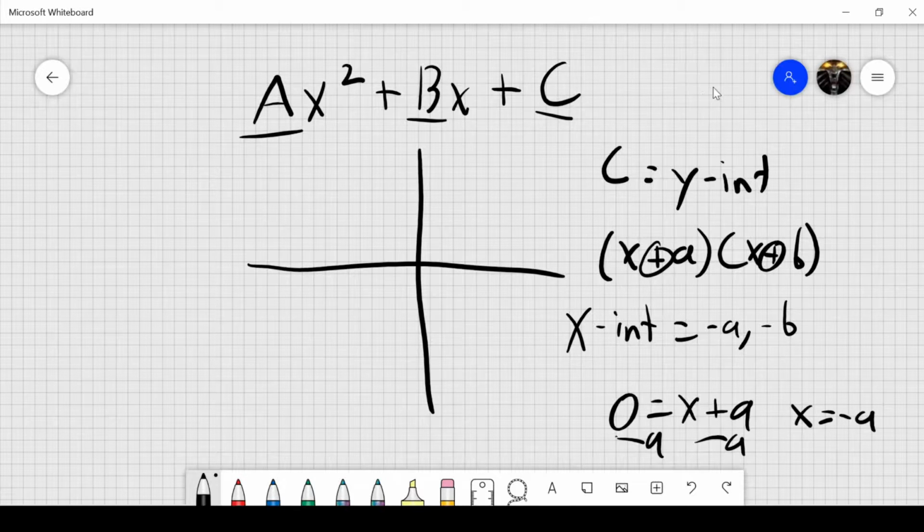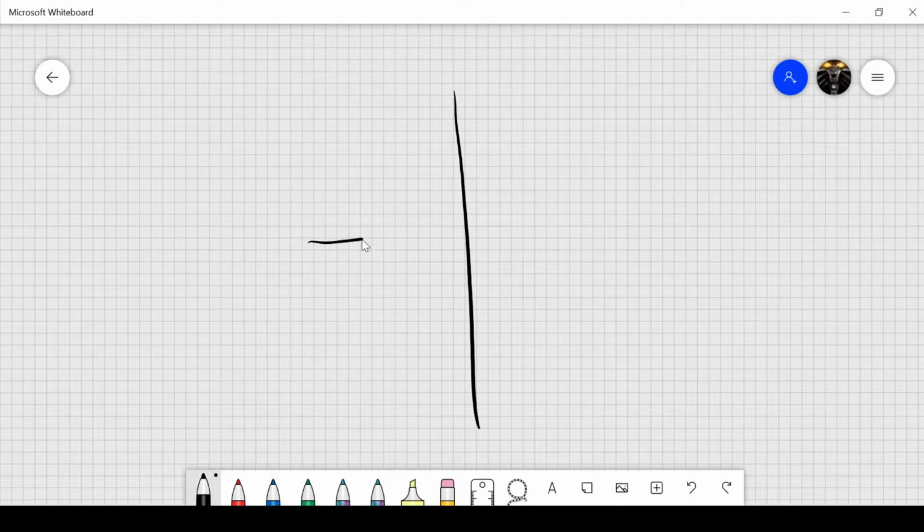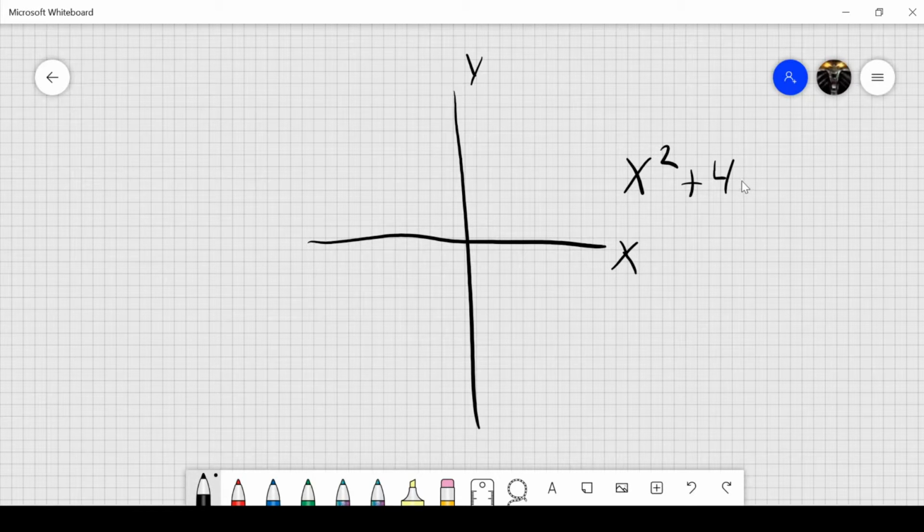So let's take a look at an actual example. We got our line, we got our y-axis, we got our x-axis. Now, we have x squared plus 4x plus 3.